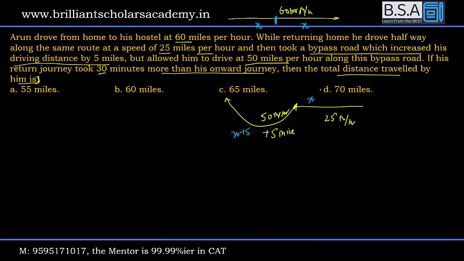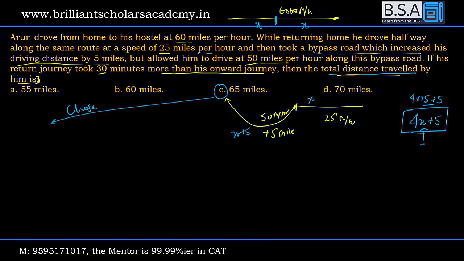The question is, what is the total distance traveled by this individual? So the total distance will be 4x plus 5. I am not sure whether this is an integer or not. But if this is an integer, 4x is an integer, this is the only option that looks like that. 4 into 15 plus 5. So I will check this.